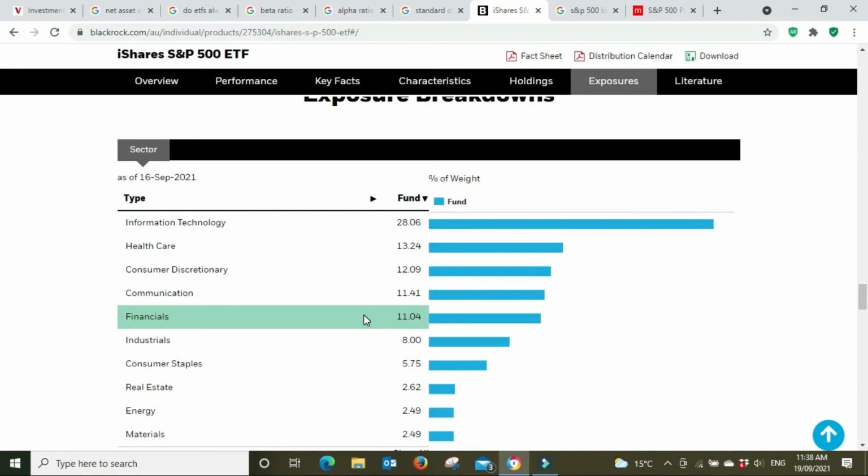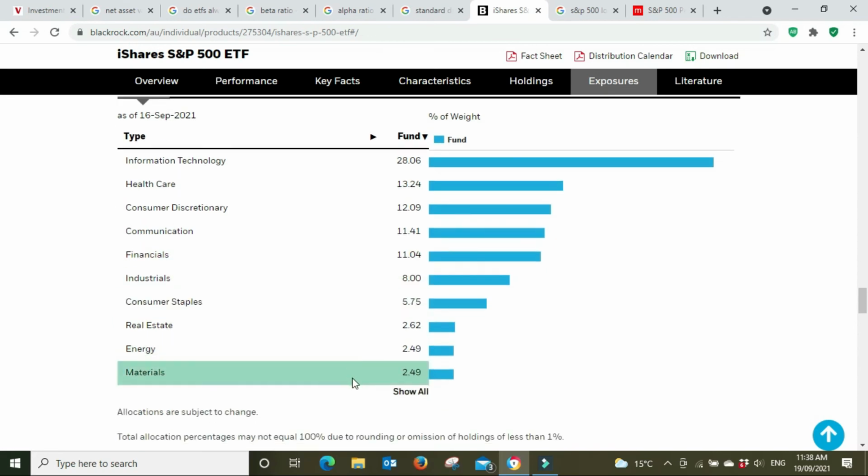Financials is only 11%, and materials is way down at 2.49%. So this is a very different makeup to what you have on the Australian Stock Exchange. So that's another reason why diversification is good internationally, because if you just invest in the Australian market, you're getting a very broad exposure to the banks and to the miners, but you're not getting much at all as far as big tech goes.